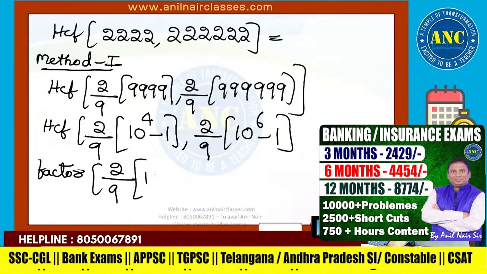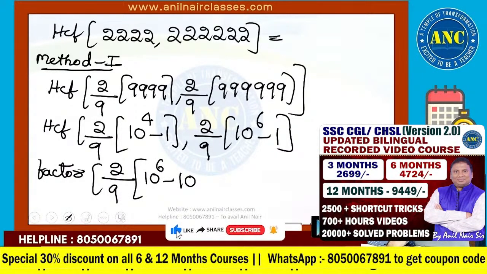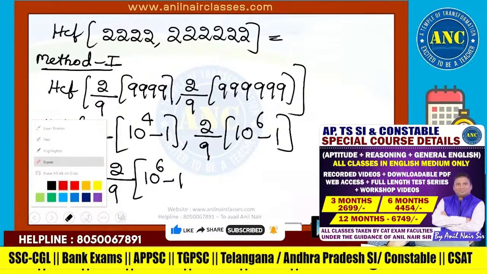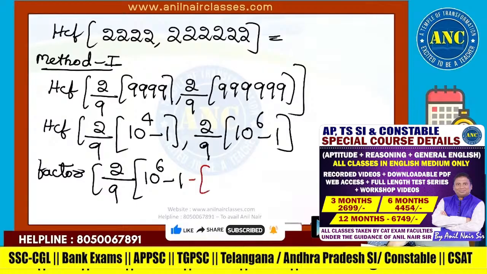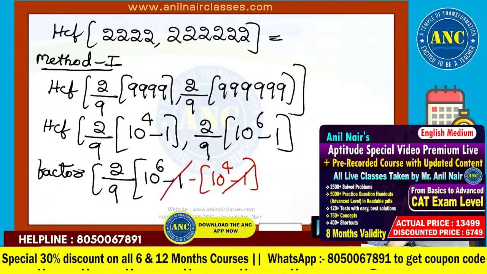2 by 9 into 10 power 6 minus 1, minus of 10 power 4 minus 1. Plus 1 minus 1 cancel.